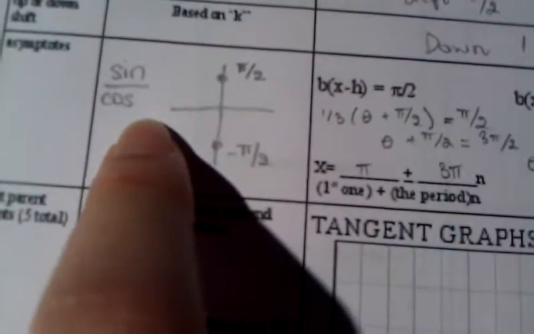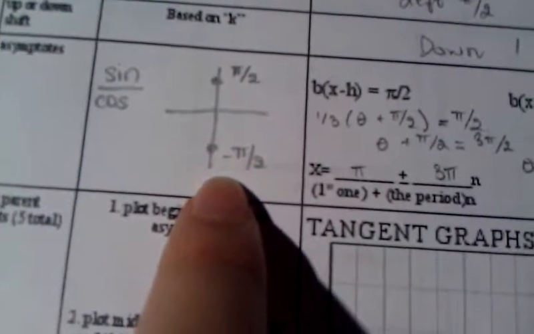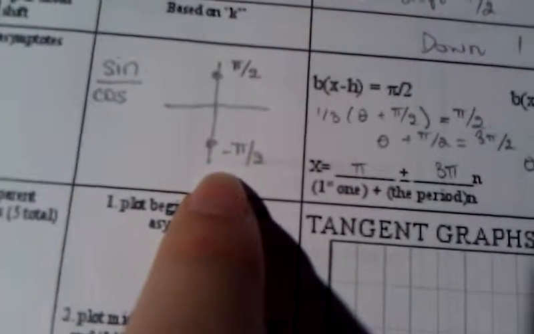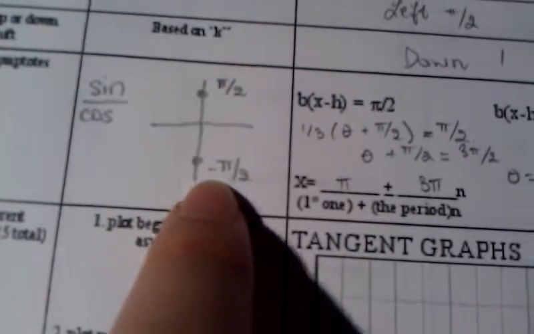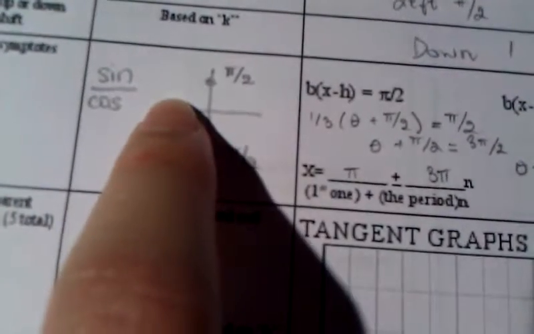So we know that cosine of 90 degrees will give us 0, and sine over 0 is undefined, which explains why we have an asymptote between the first quadrant and second quadrant.